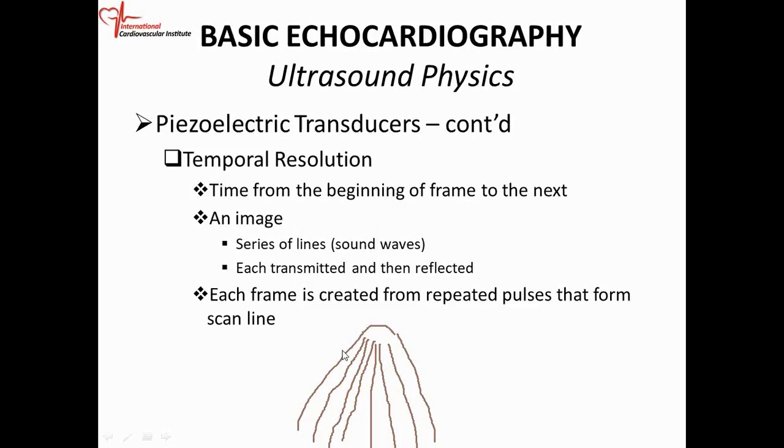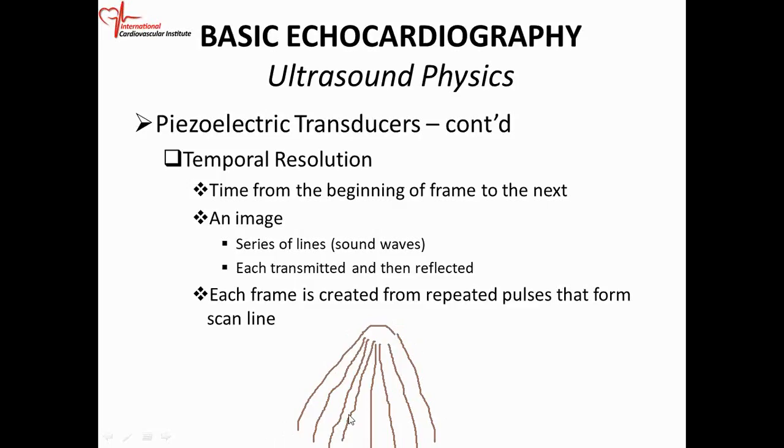The ultrasound wave travels to the tissue, strikes the tissue, and comes back. So each of these scan lines is a transmitted pulse and a reflected pulse, and a series of scan lines makes up a frame. So this is one frame.